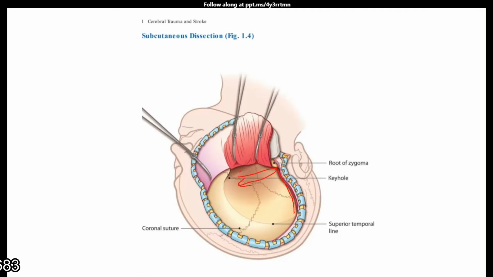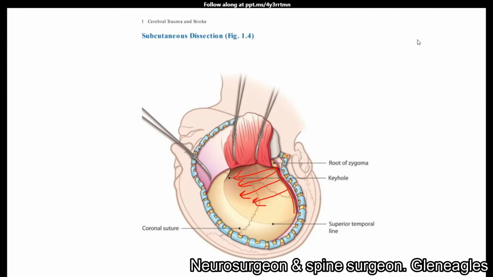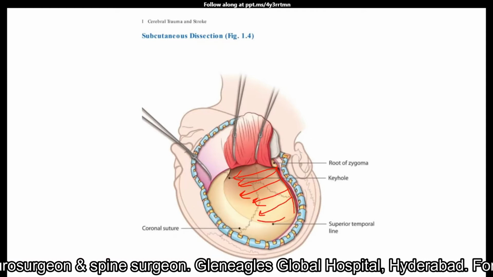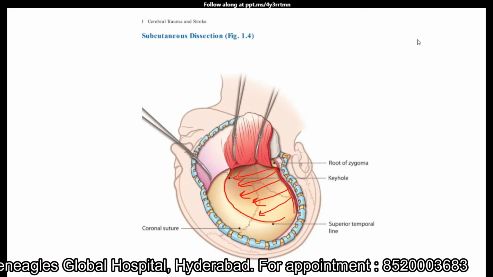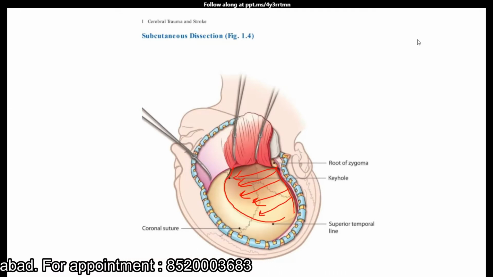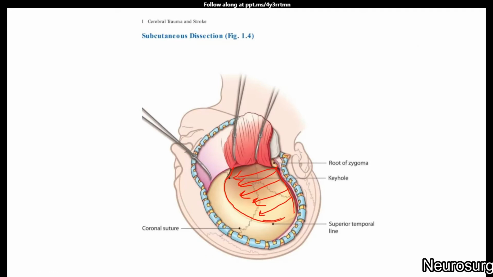This is the direction of my periosteal elevator, or a Penfield number 3, and I separate the temporalis muscle from the underlying bone. When I reach this line, which is the attachment of the temporalis muscle, I encounter resistance. Either I detach the muscle with the same periosteal elevator, or I can even use a monopolar cautery to cut over here.